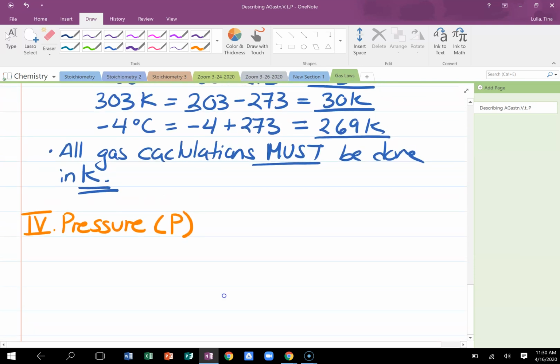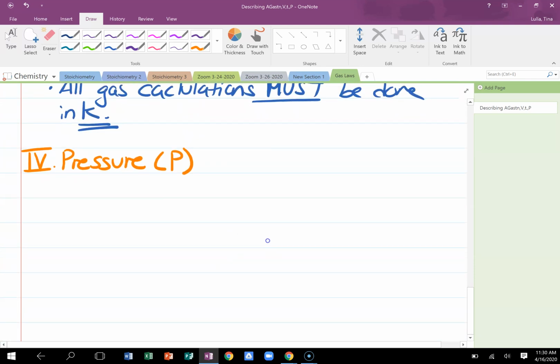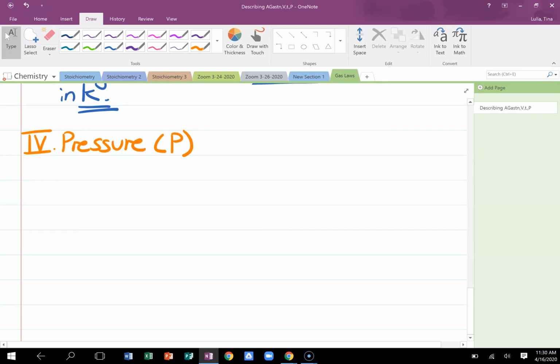And the thing with pressure is it isn't quite as straightforward as the other properties because pressure can be measured in many different units. So it's not universal. Everyone measures the amount of a gas in moles. Everyone measures the volume of a gas in liters. Everyone measures the temperature of a gas in Kelvin.